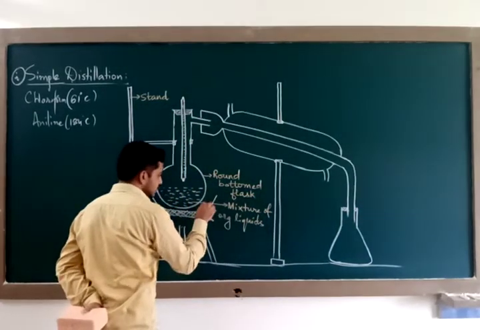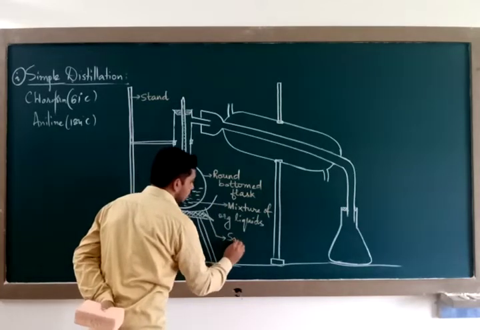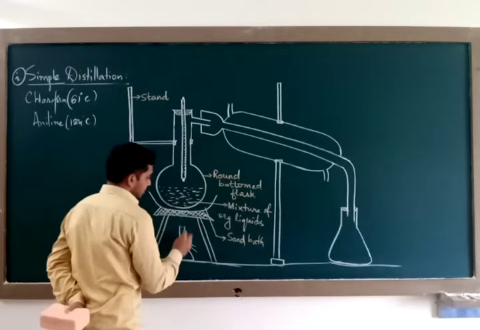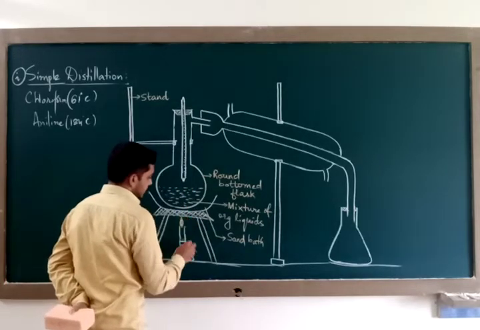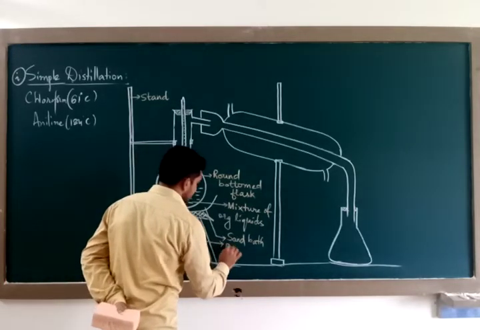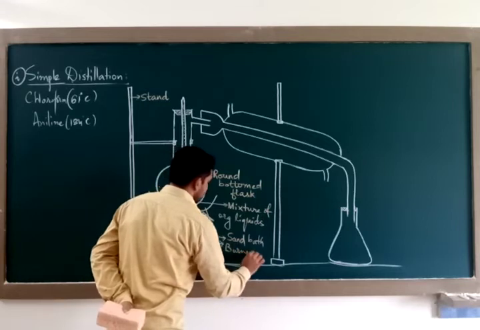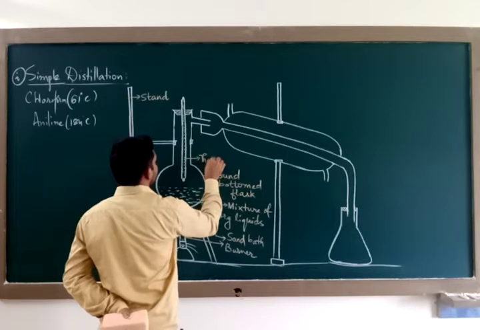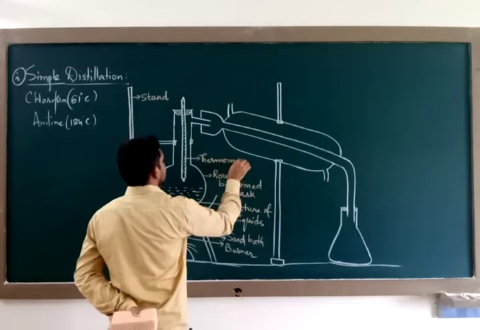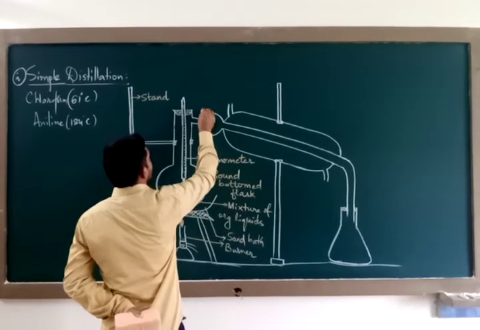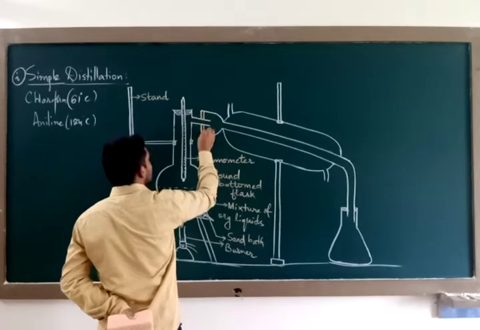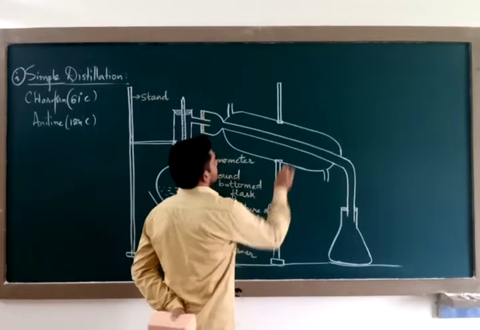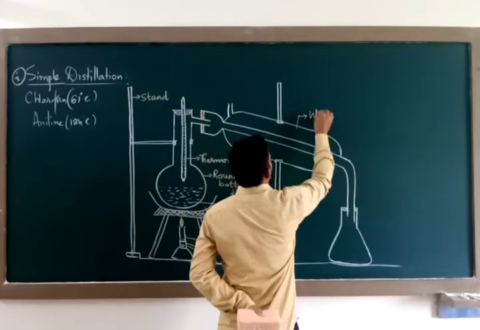Then this is a sand bath or water bath if required, otherwise no. Here is the burner, or simply Bunsen burner. Then we have the thermometer. I'll tell you what the thermometer is required for. Then we have the water condenser.